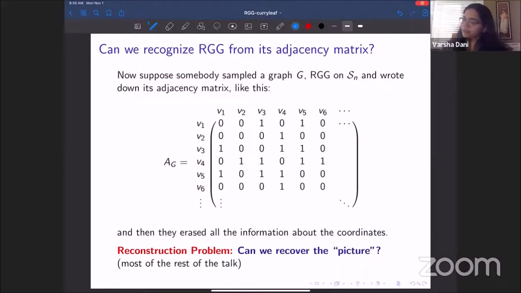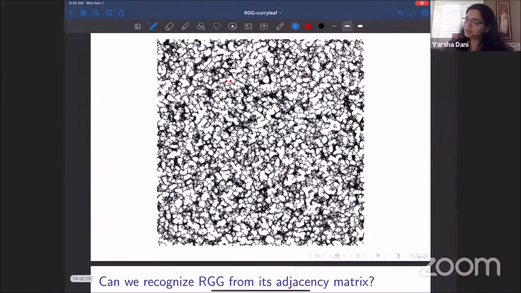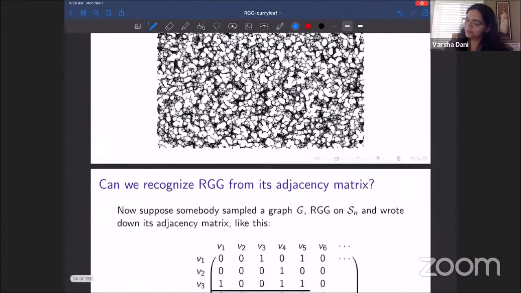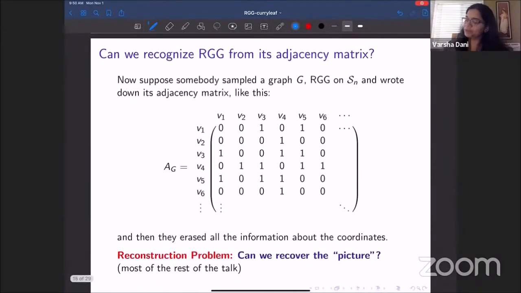So here vertex 1 is adjacent to vertex 3, but not vertex 4, and yes, vertex 5, and so on. So somebody sampled this random graph and wrote down its adjacency matrix, and then they erased the picture. So we no longer have the coordinates.